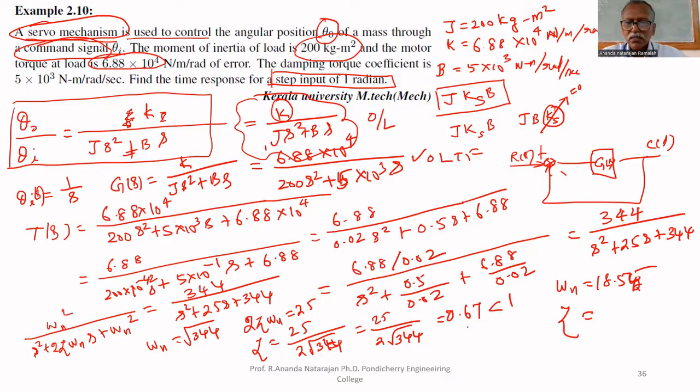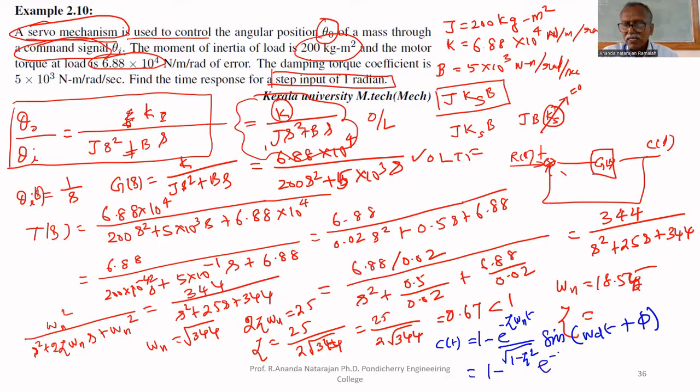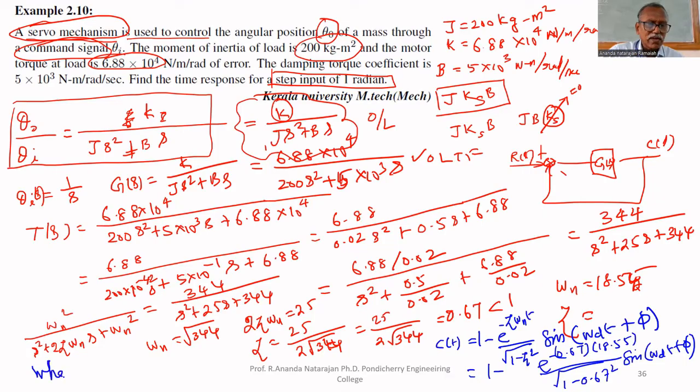We know C of t equal to 1 minus e power minus zeta omega n t upon square root of 1 minus zeta square, sine omega d t plus phi. Substituting the values: 1 minus e power minus 0.67 times 18.55 t upon square root of 1 minus 0.67 square, sine omega d t plus phi, where omega d equal to omega n square root of 1 minus zeta square, that is 18.55 square root of 1 minus 0.67 square.